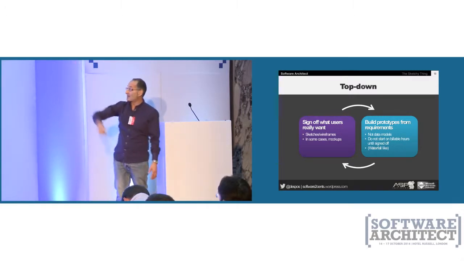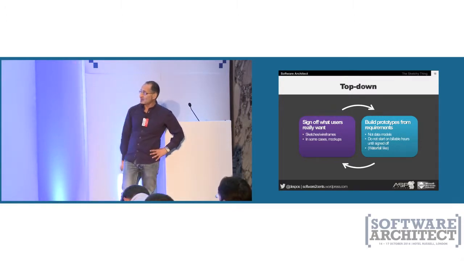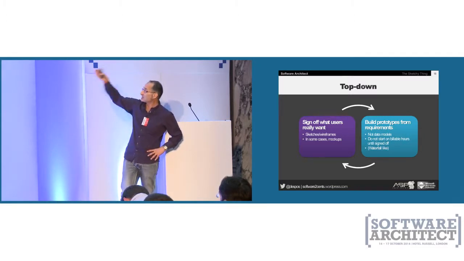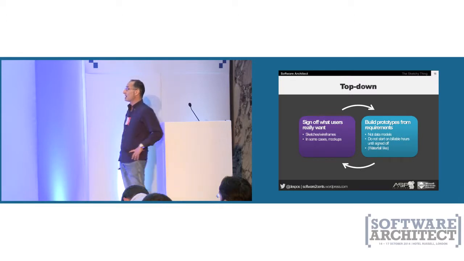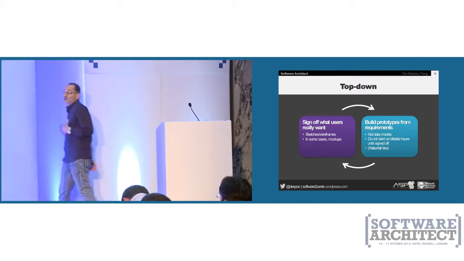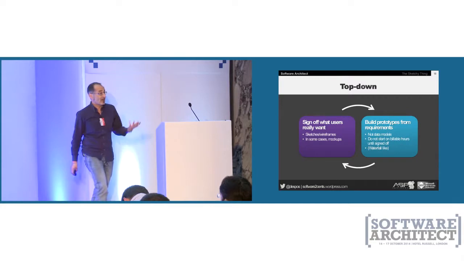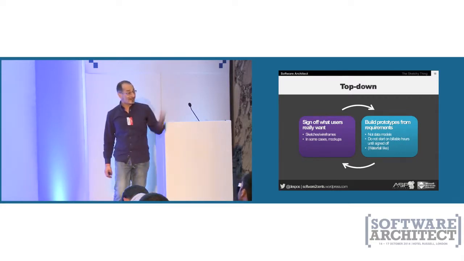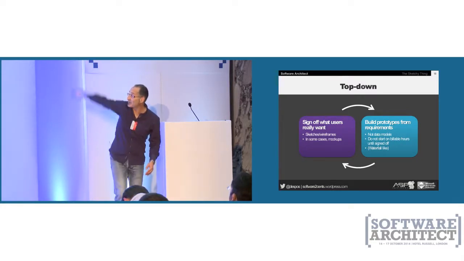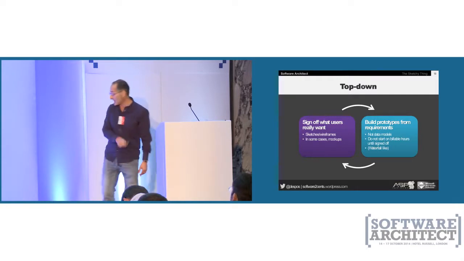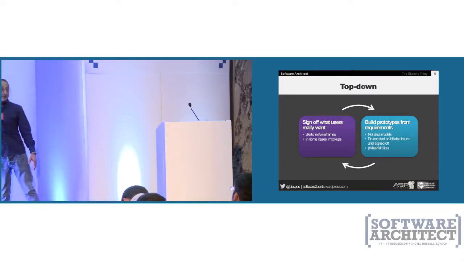And once it's clear what users really want, you build prototypes from requirements. Now, I would recommend not writing code at this time. So you iterate. So the sign-off comes here.